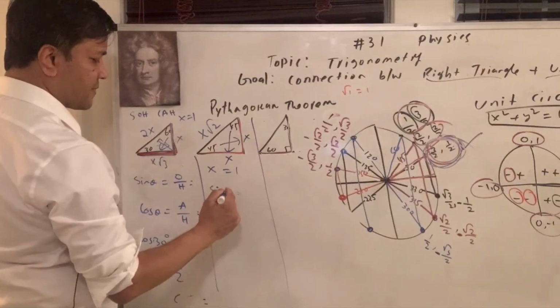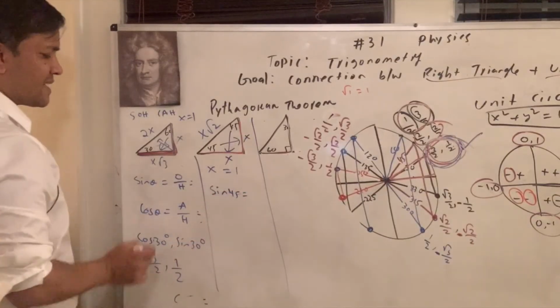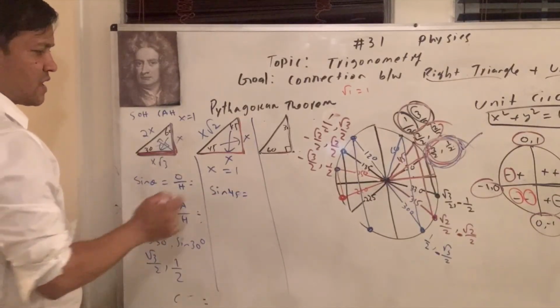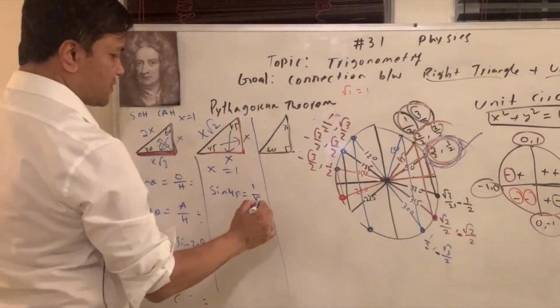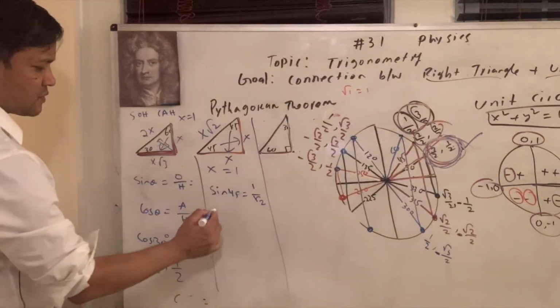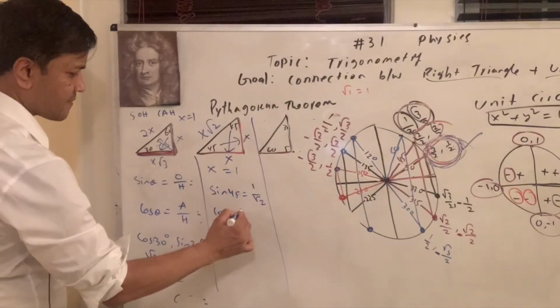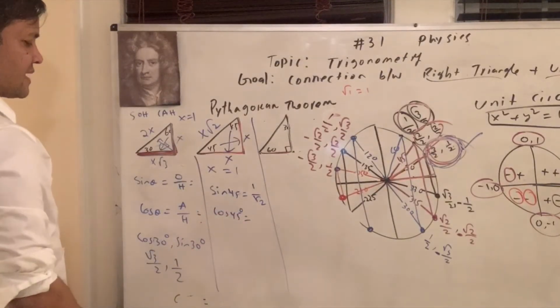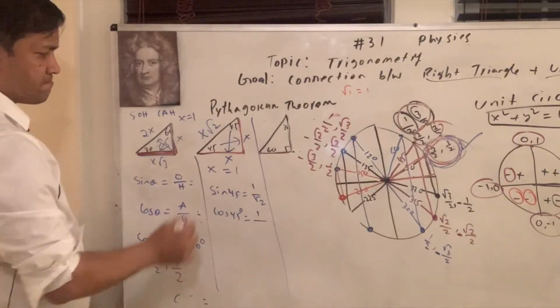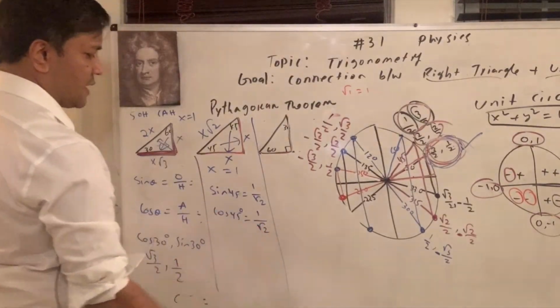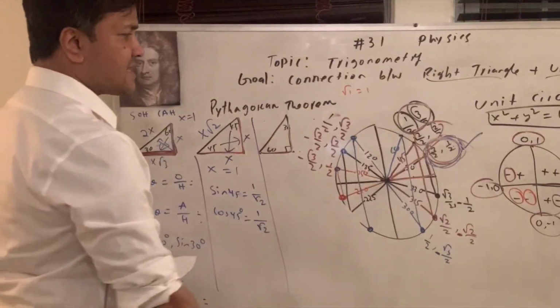Sine 45 degree is opposite over hypotenuse. What is opposite? 1. What is hypotenuse? Square root of 2. Cosine 45 degree is adjacent over hypotenuse. Adjacent is 1 and hypotenuse is square root of 2. Alright, but this and this are not the same.